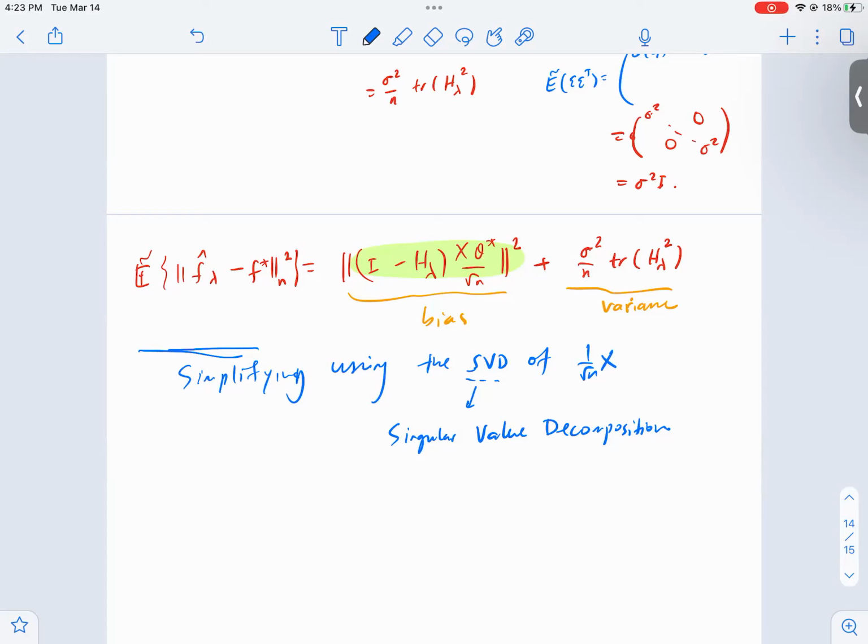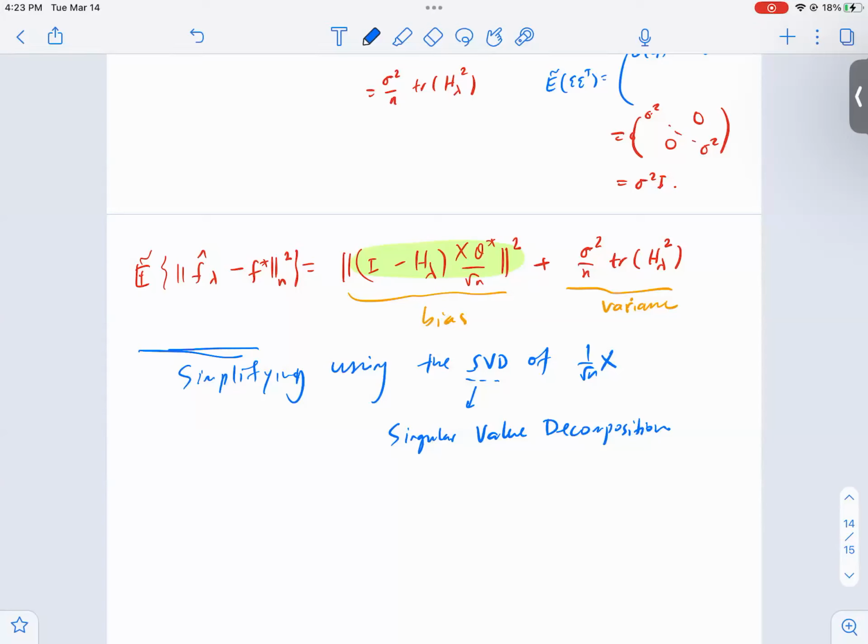Anyone has seen it? No. Doesn't look like it. Eigenvalue decomposition? Anyone? Eigenvalues, eigenvectors? Okay, it seems like eigenvalues and eigenvectors are familiar.